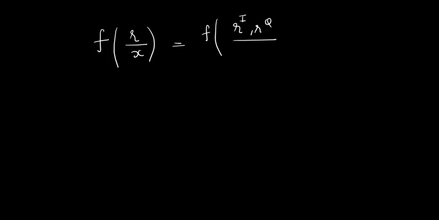So F of R given X: R has two components, in phase and quadrature phase, right? Is this correct or not? Okay.